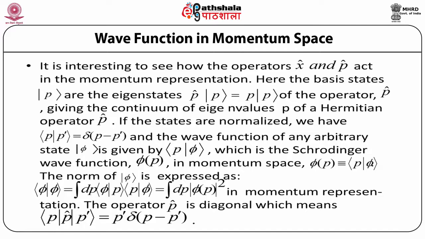If the states are normalized, then we have bra p, ket p prime is equal to delta(p minus p prime), and the wave function of any arbitrary state ket phi is given by bra p, ket phi, which is the Schrodinger wave function phi(p) in momentum space.